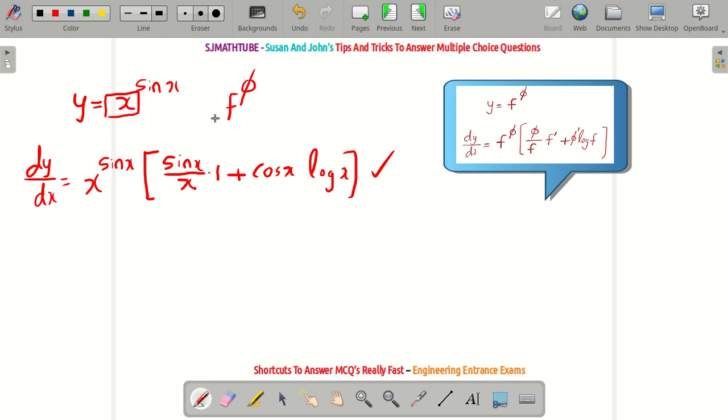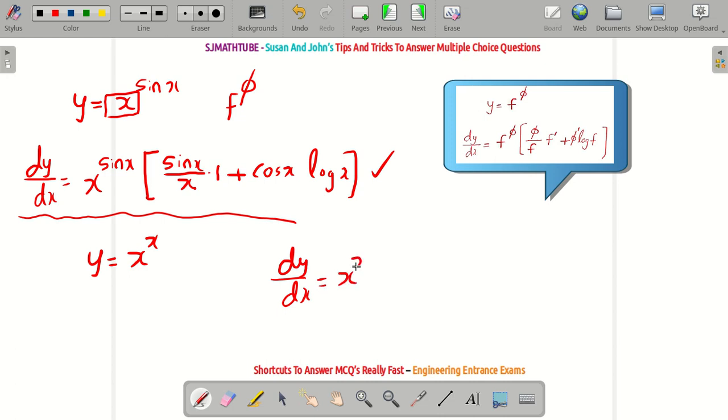So, shall we try once more? One more last question. Y is equal to x to the power x. It's really easy. So, dy by dx is equal to, you copy the same thing, and 5 by f.